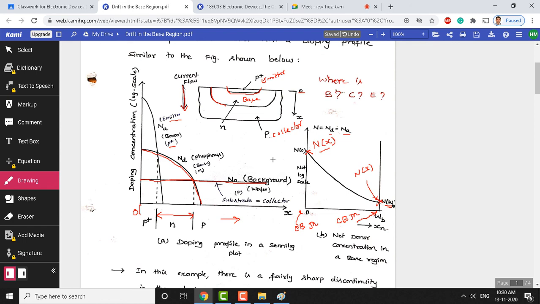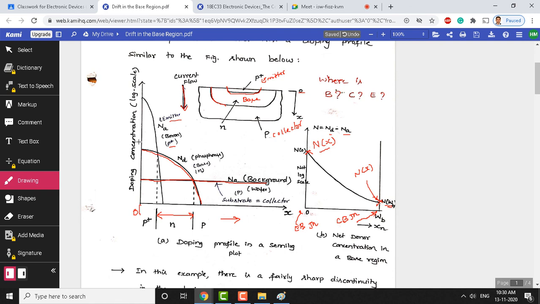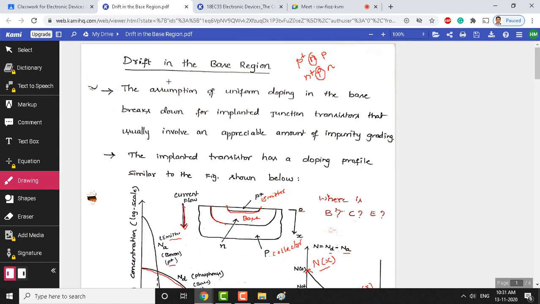With that, I would like to stop here at this point. Hope you understood the doping profile within the p plus NP transistor, and we have connected that to the actual BJT and shown the net doping concentration within the base region. Next class we have a little bit of mathematical stuff to discuss how exactly the charge transport happens within the drift region.